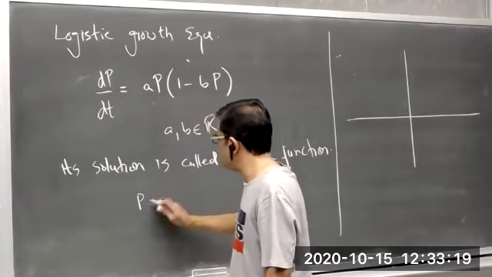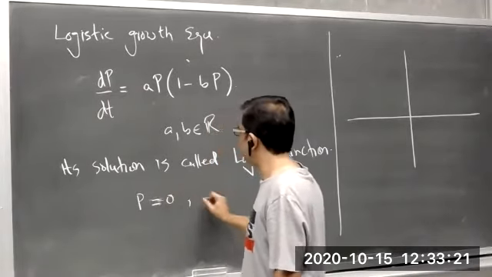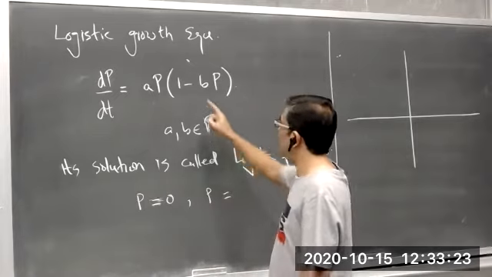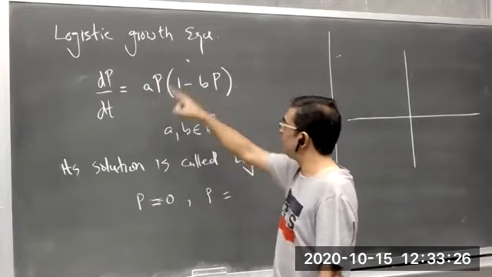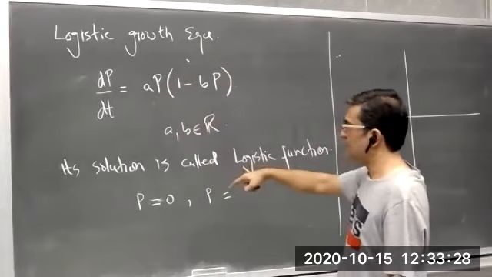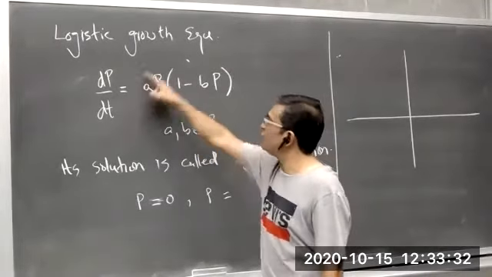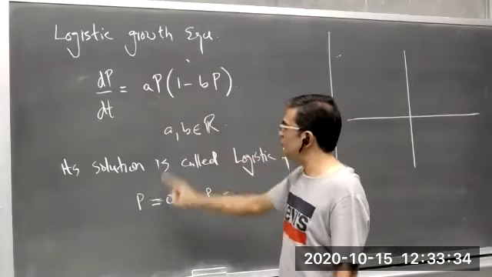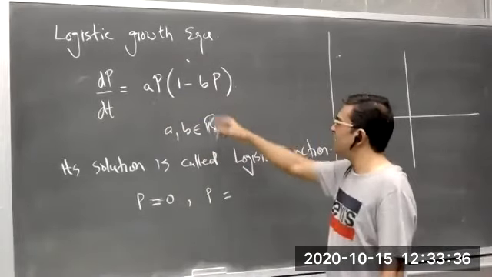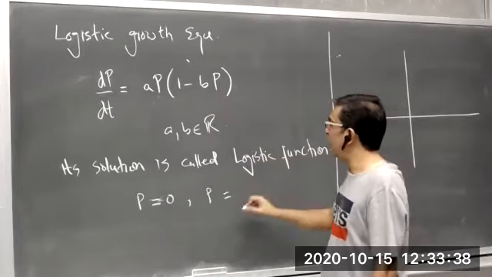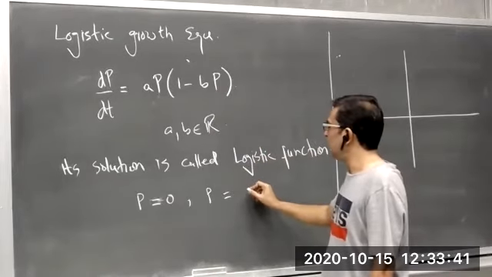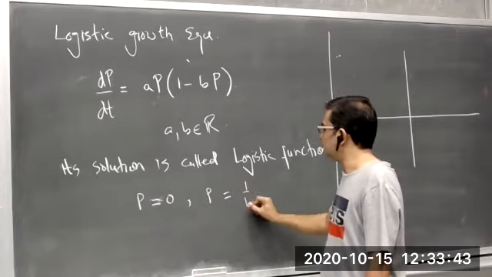One is p equal to 0 and the other, we put this right hand side equal to 0 and solve it, is p equal to 1 over b.